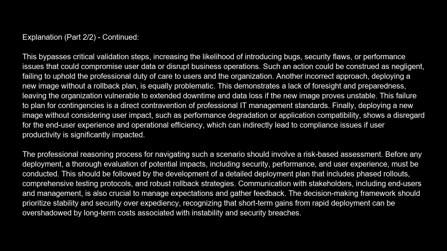Such an action could be construed as negligent, failing to uphold the professional duty of care to users and the organization. Another incorrect approach, deploying a new image without a rollback plan, is equally problematic. This demonstrates a lack of foresight and preparedness, leaving the organization vulnerable to extended downtime and data loss if the new image proves unstable. This failure to plan for contingencies is a direct contravention of professional IT management standards.